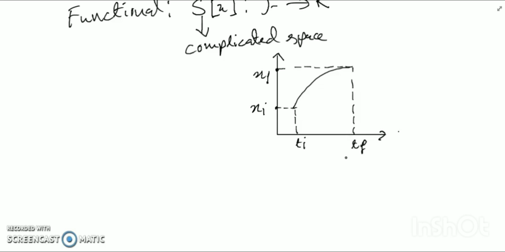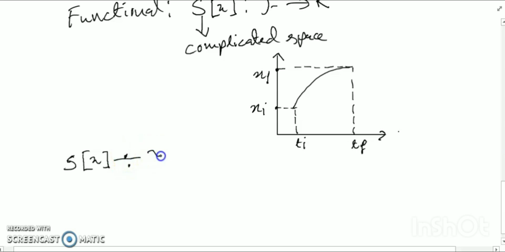Here, when x is in a square bracket, then x is a path, and then x belongs to another space, the space of functions. S of x in square brackets maps curly F to capital R, just like we had this real line over here.